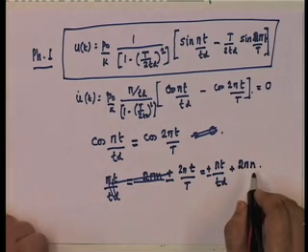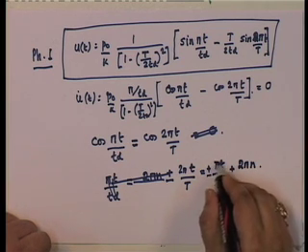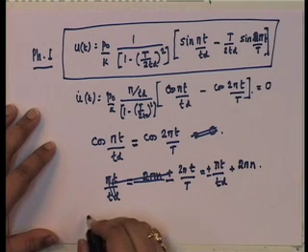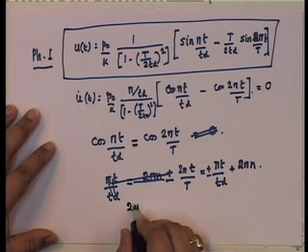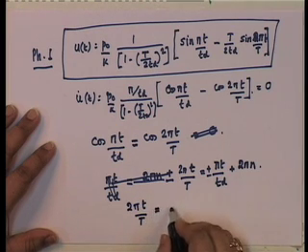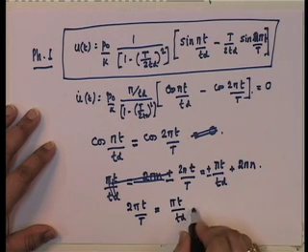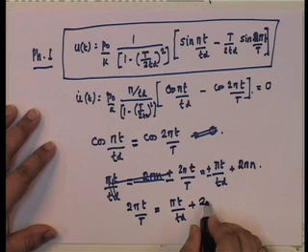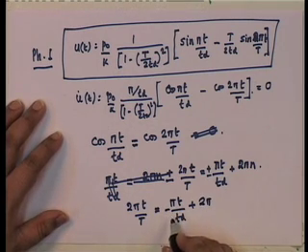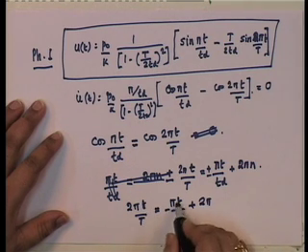And note that this is valid for the first n, so it is 2 pi. If I do that, I get 2 pi t upon t is equal to pi t upon t d plus 2 pi. Then this side comes in, and I can solve for t.